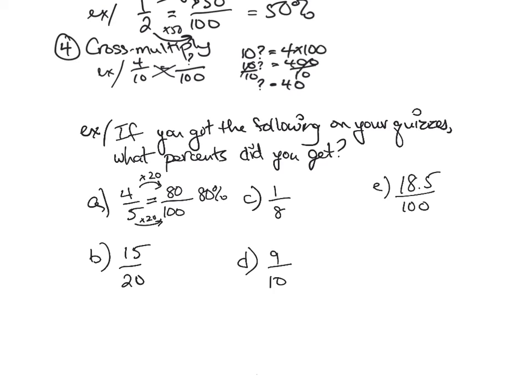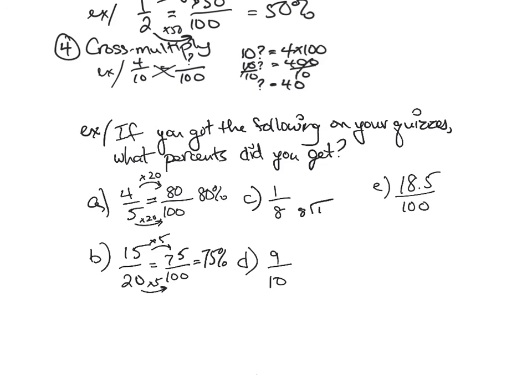Here, 15/20, okay. What did I do? I multiply by 5. What do I do? I multiply by 5. 75/100 equals 75%.